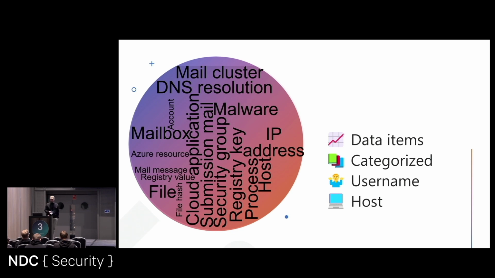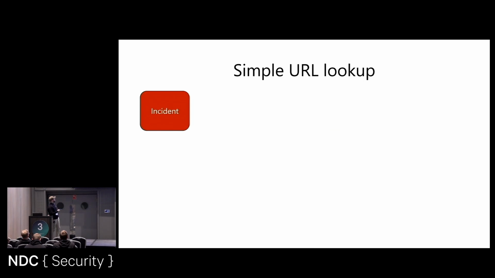And this is important because this allows us to take these items out of the data and use it for automation. So one example of this is a simple URL lookup. And this is something most security analysts will do if they get a URL that looks a little bit funky. So you have a URL entity. In this case, I've gone with google.com, which is very malicious.